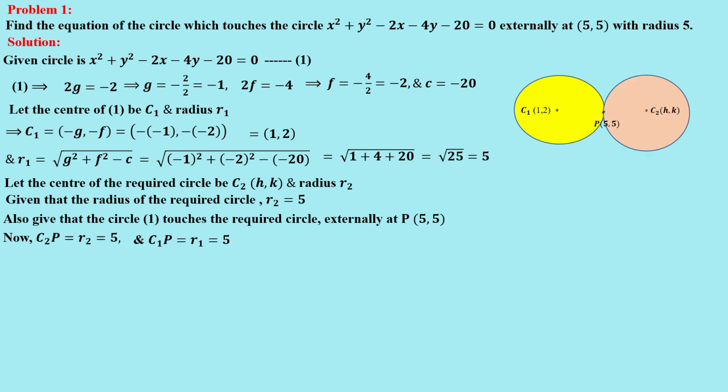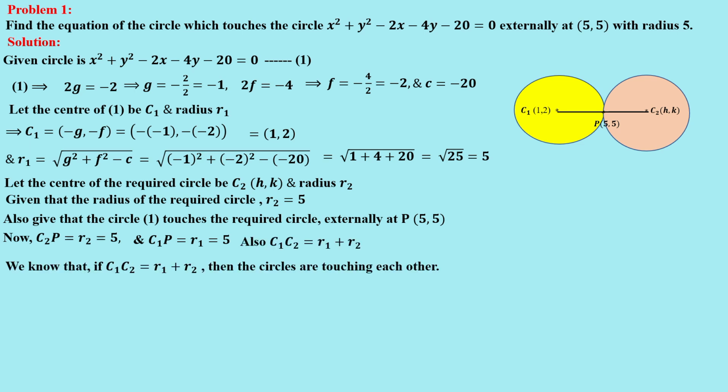P is the point of contact, that is 5 comma 5, that is what they have given. So this is the line joining the centers c1 c2. So c1P is the radius of the first circle, that is 5, and c2P is the radius of the second circle, that is also 5. So c1 c2 is nothing but 5 plus 5, that is r1 plus r2.